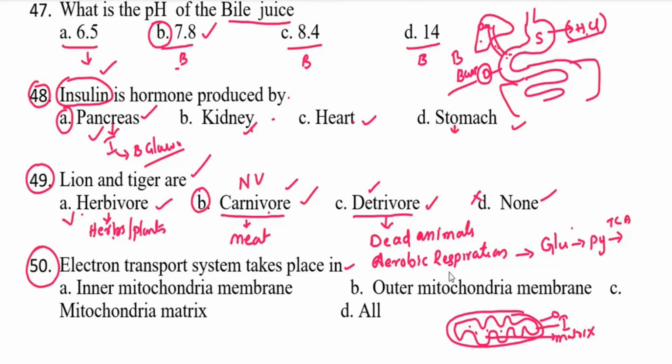The question is, where does the electron transport system take place: inner mitochondrial membrane, outer mitochondrial membrane, mitochondrial matrix, or all? The correct answer is the inner mitochondrial membrane. This inner mitochondrial membrane contains the electron transport system, which finally produces water and ATP energy. We will discuss it in detail in the upcoming sessions.